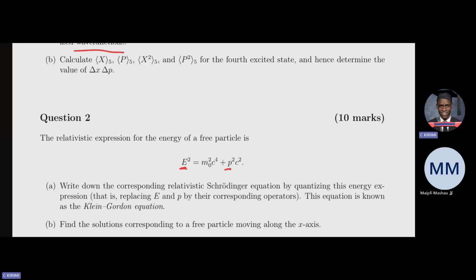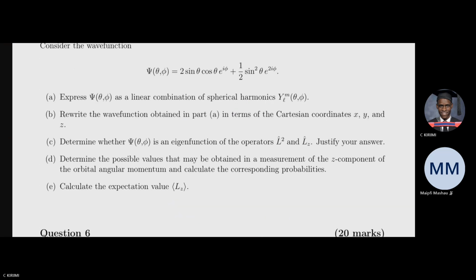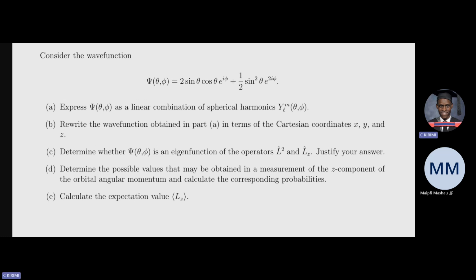So here on question number 5. So as a linear combination of spherical harmonics. When we refer to spherical harmonics, we are just referring to any surface that is defined in terms of r, theta, and phi.